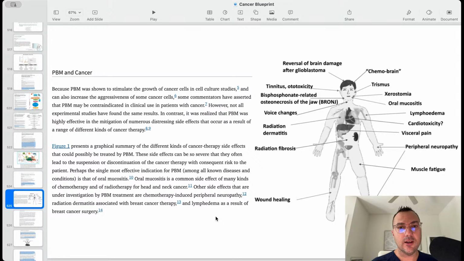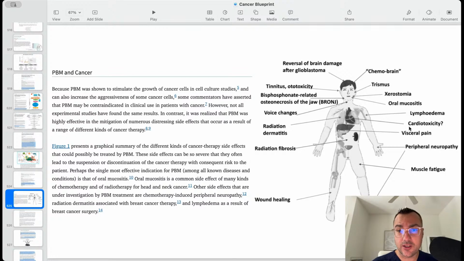But I want to look at whether or not this has an effect on cancer itself, right? So I just want to show here that they've looked at reversing potential brain damage after glioblastoma surgery or radiation therapies, improvements in so-called chemo brain, and oral mucositis, as there's a lot of literature for oral mucositis. There's also potential cardiac toxicity.